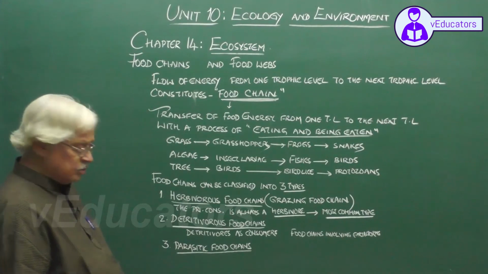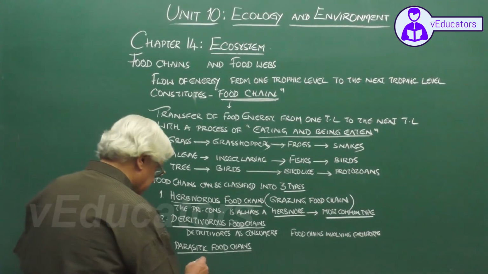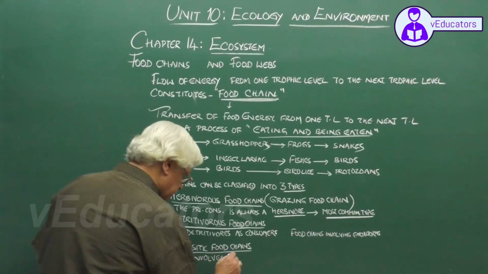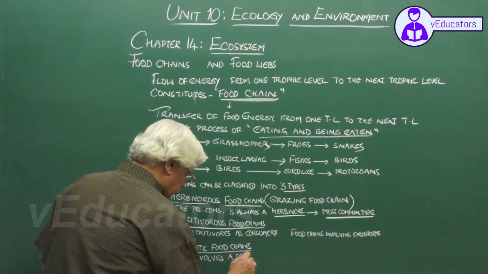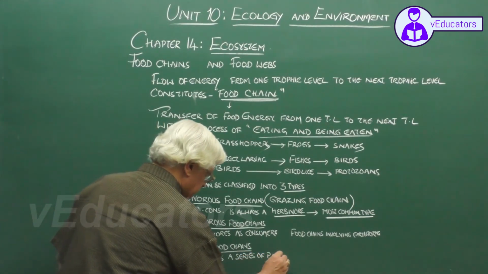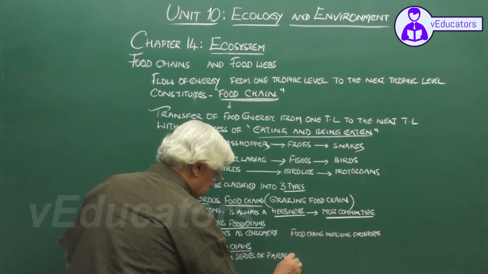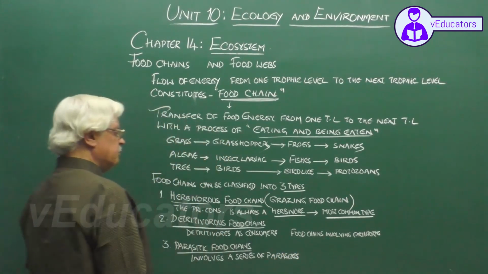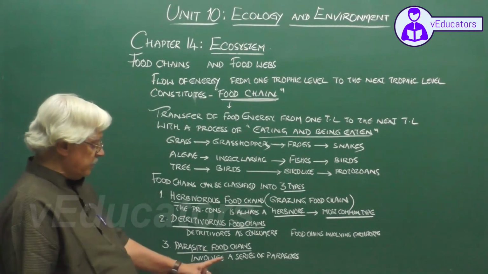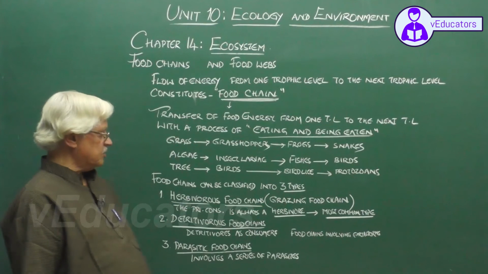Parasitic food chains are those where transfer of food energy involves a series of parasites. That means transfer of food energy occurs here from one parasite to another parasite.